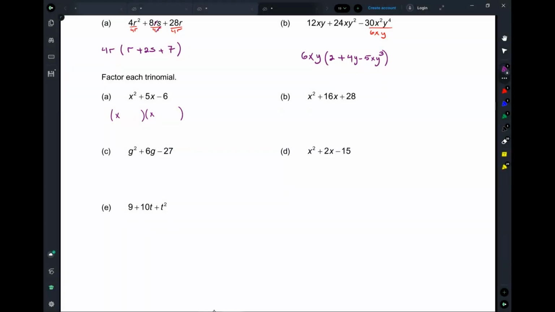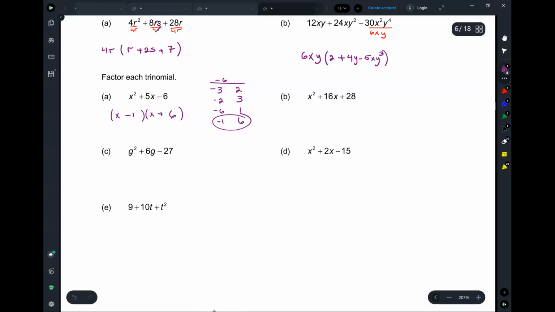Now we need 2 numbers that multiply to negative 6 and add to 5. It could be negative 3 and 2, negative 2 and 3, negative 6 and 1, negative 1 and 6, but the only one that adds up to 5 is 6 and negative 1.